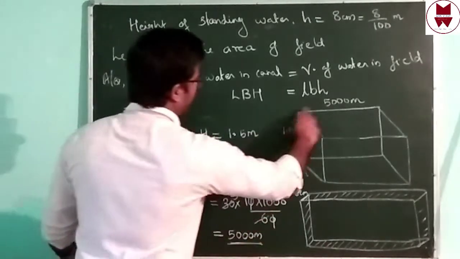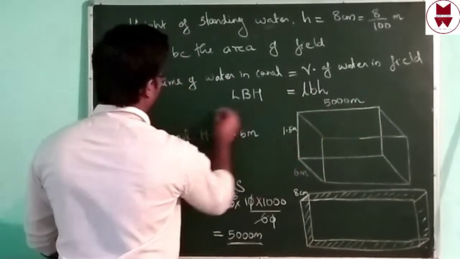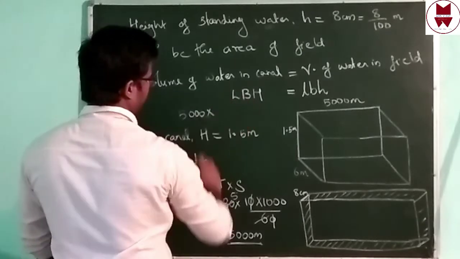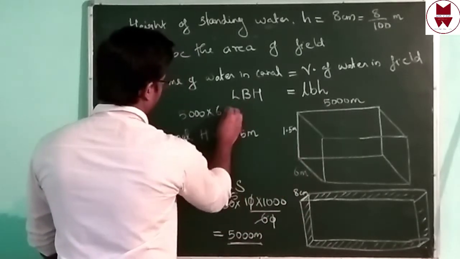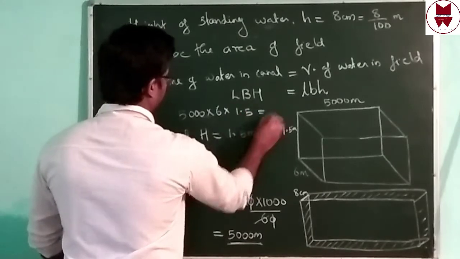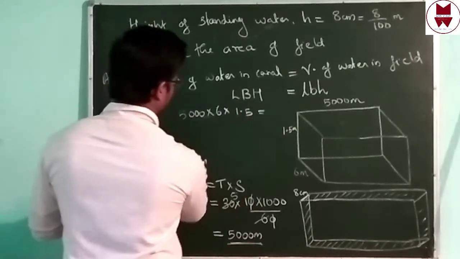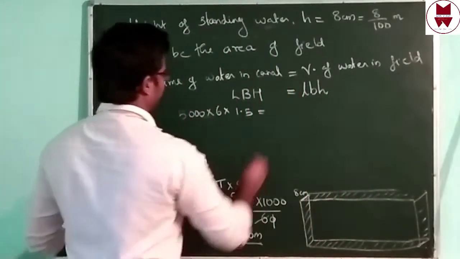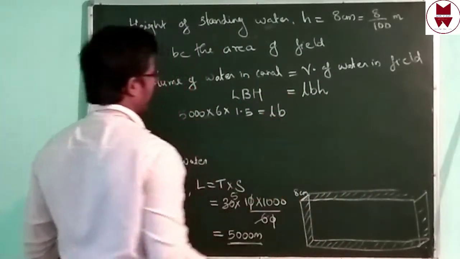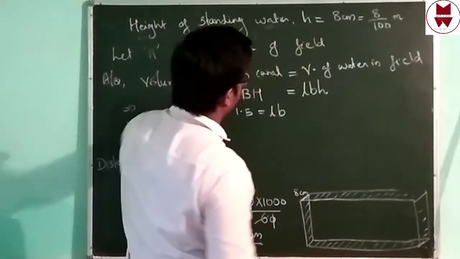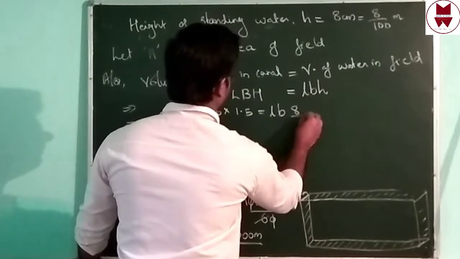Capital L means length of canal, already got it, that is 5000, into B, B means width, 6, into H, H means 1.5, equal to L, B we don't know, then H. H means height of standing water, 8 by 100.